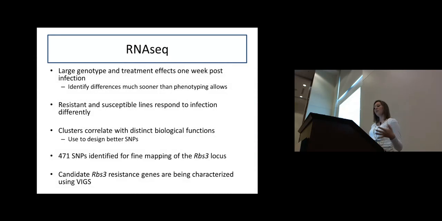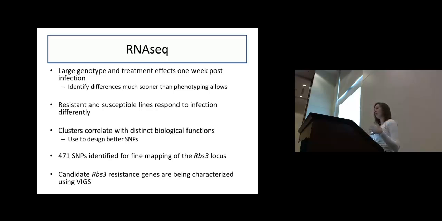So in my work, we've seen that there's a large effect on both genotypes and treatments 1 week after infection, which is a lot sooner than we can identify by phenotyping. We know that the resistant and the susceptible lines respond differently to infection. In general, the resistant plants are expressing more genes than the susceptibles.